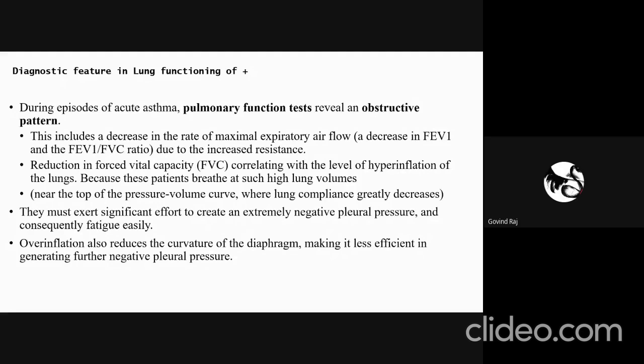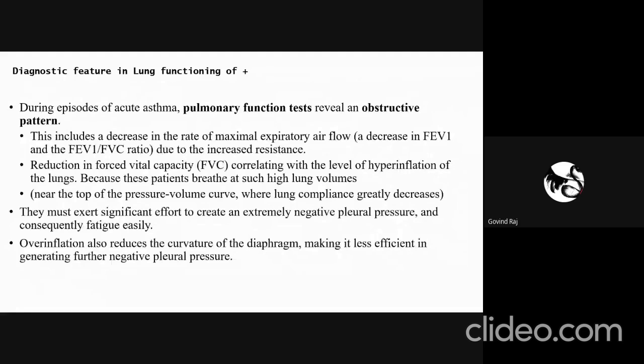He can breathe in, but due to his obstructed air pathway, he finds it difficult to expire the air he has inhaled. So he will have more wheezing sounds because of these restrictions.